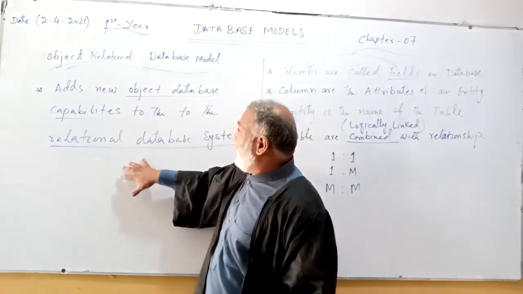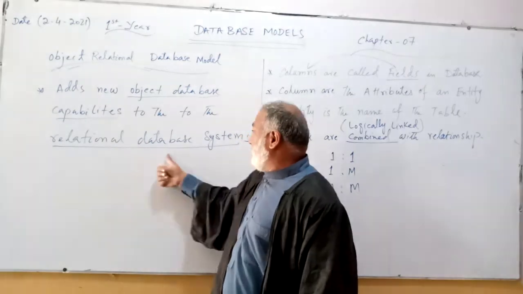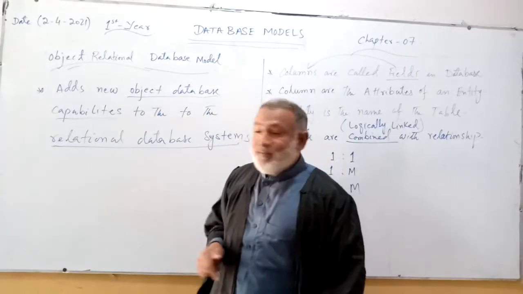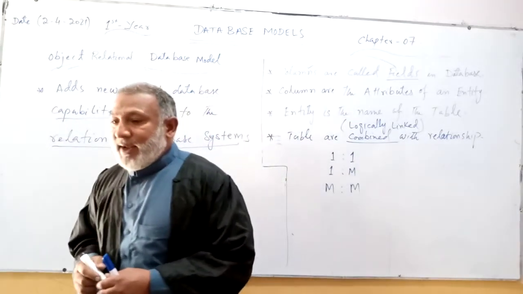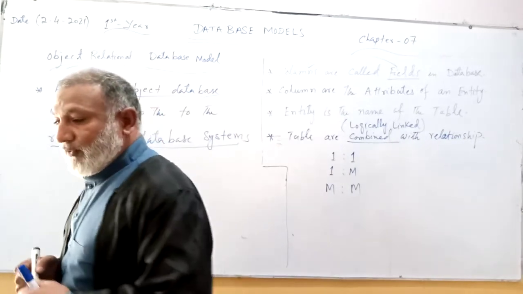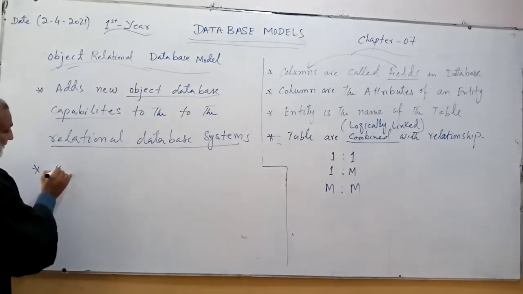So when you combine the new object-oriented database capability with the relational database systems, it gives you the object-relational database model. And this is the core for modern information systems.